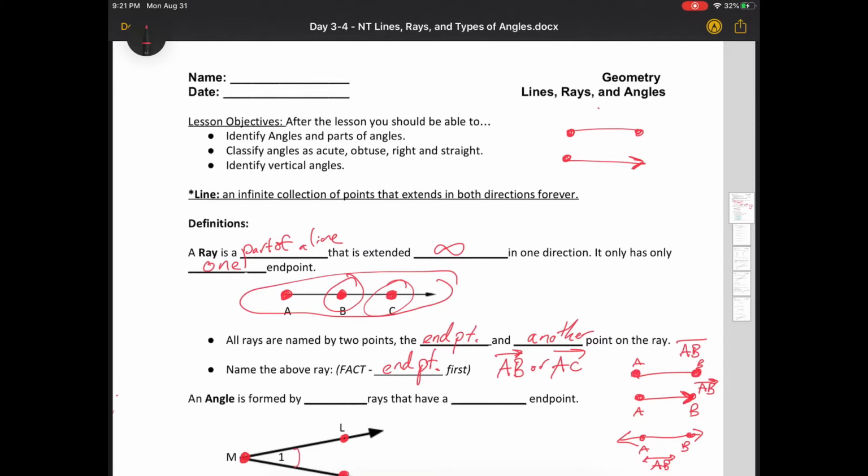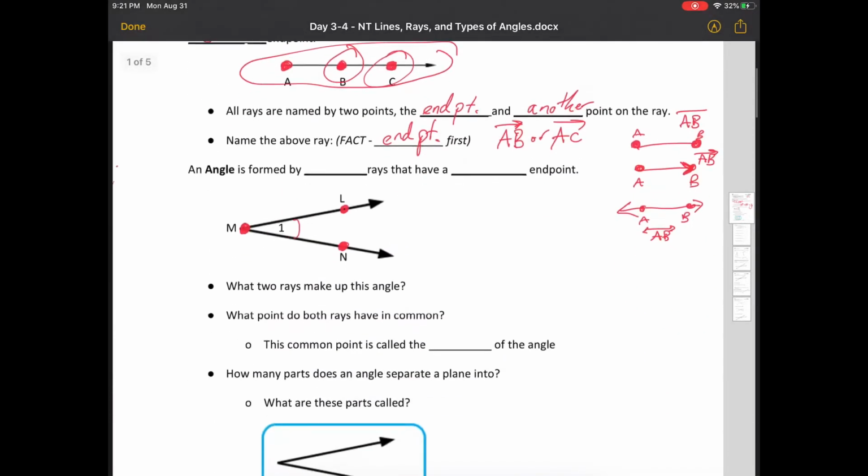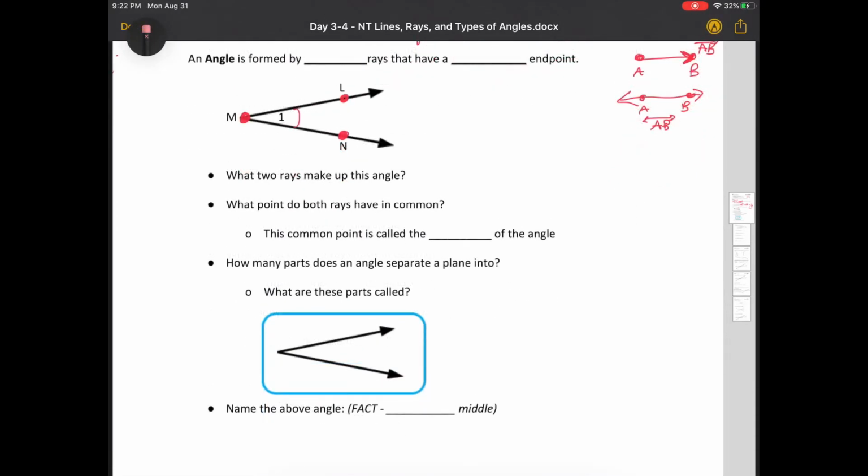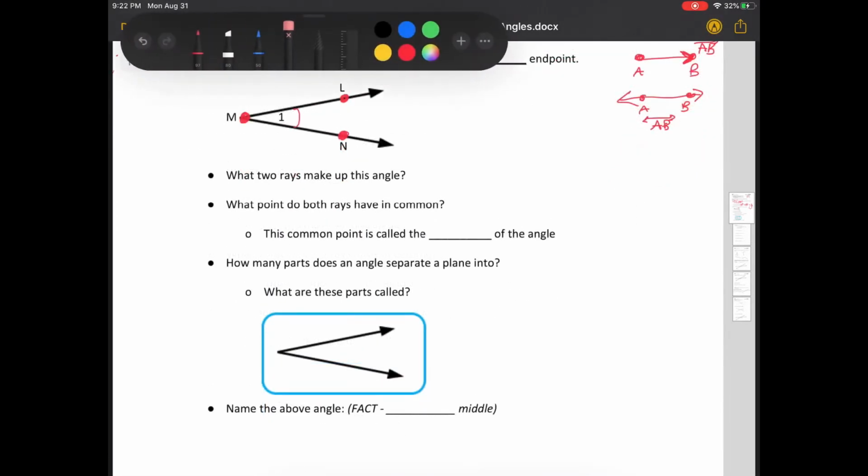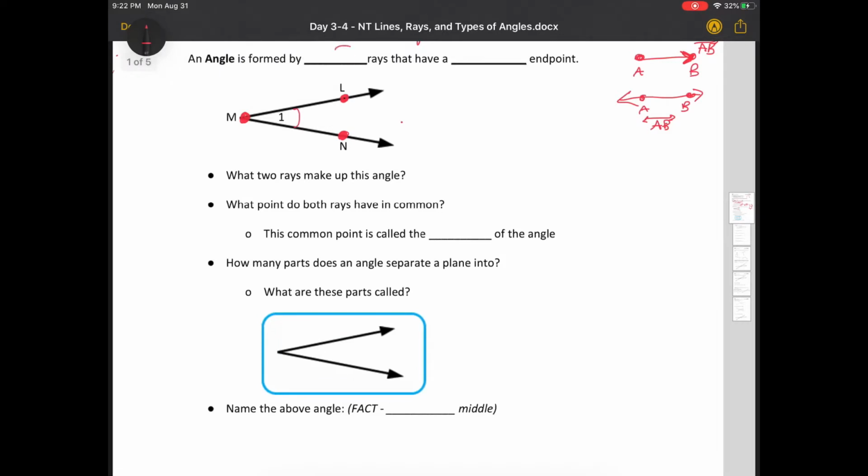So now we know what a ray is. Now let's go and look at how an angle is formed. So if we go down here, so an angle is formed by 2 rays that have a common endpoint. So let's take a look at this diagram below. So what 2 rays make up this angle? So we have 2 rays with a common endpoint, like we just said.